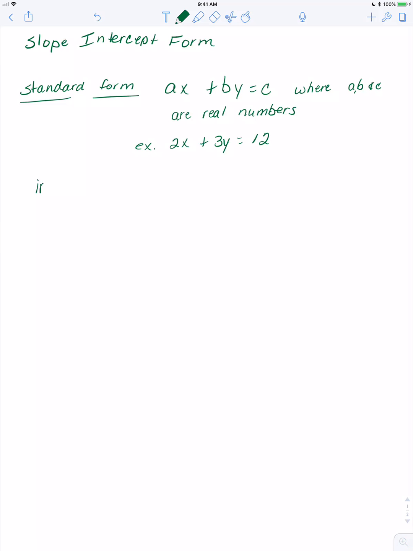And when we talk about our intercepts, we're talking about the points where it crosses the y-axis and where it crosses the x-axis. So the y-intercept is the point where that line, that linear equation, crosses the y-axis.